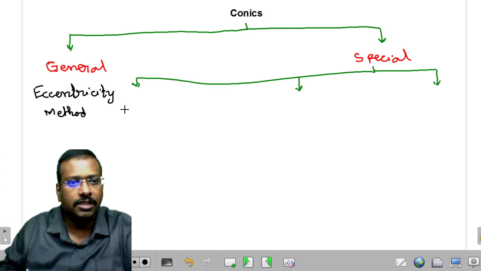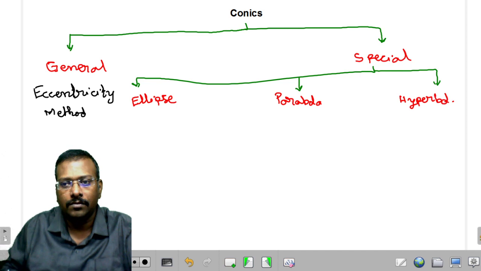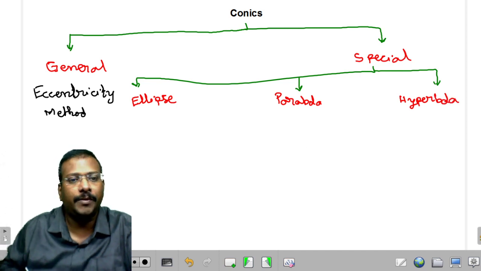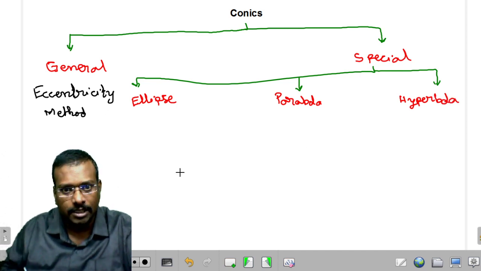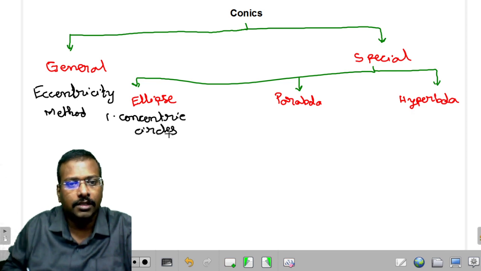So special methods are there for ellipse, for parabola and for hyperbola. What are those special methods? I am going to list them out here. First one is the concentric circles method.